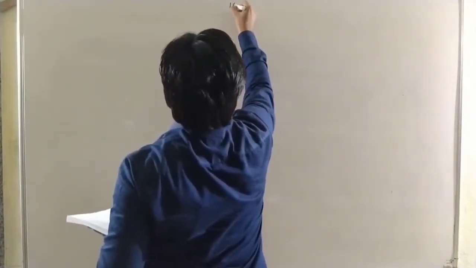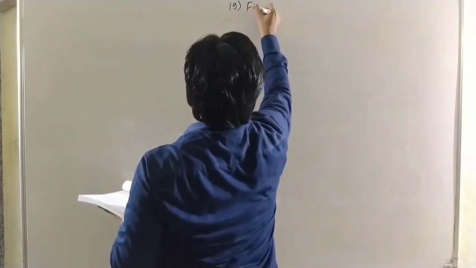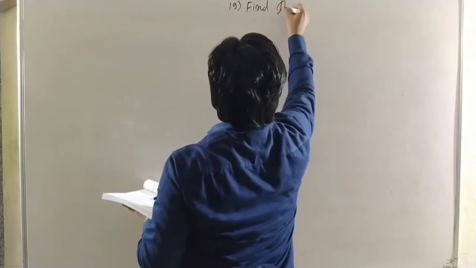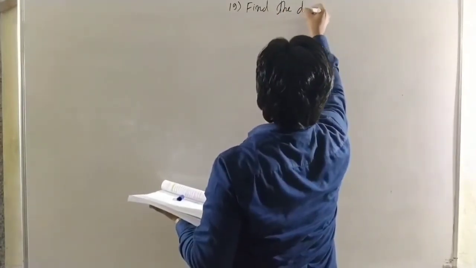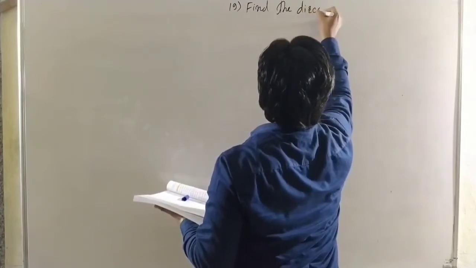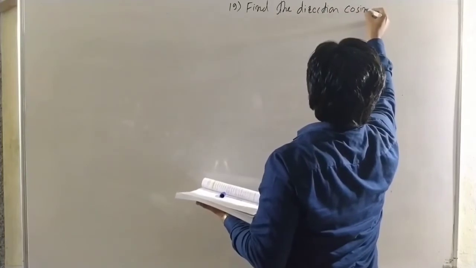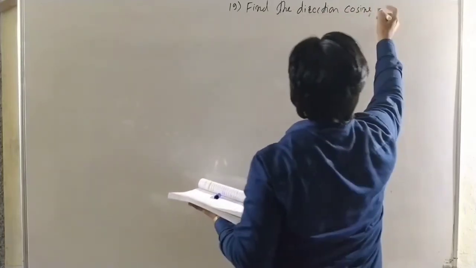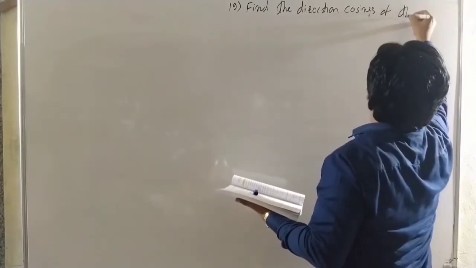Next, example number 19. Find the direction cosines of the line.